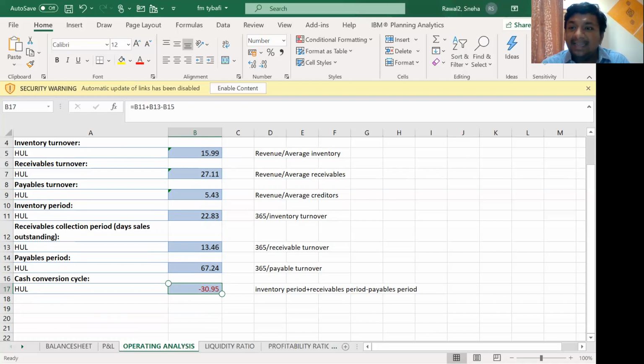So the company is meeting its short-term needs by having a negative cash conversion cycle. This means that the company is enjoying funds by way of short-term working capital.